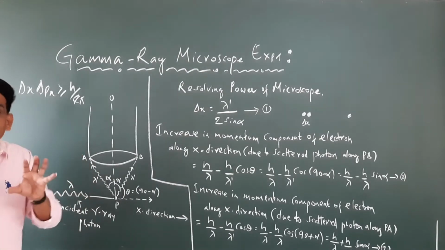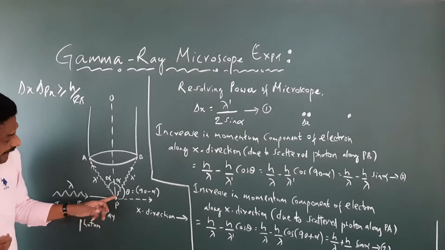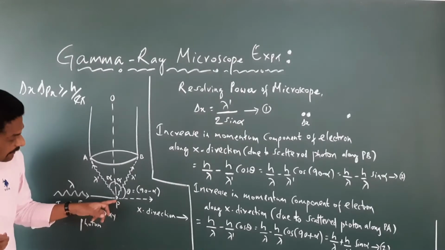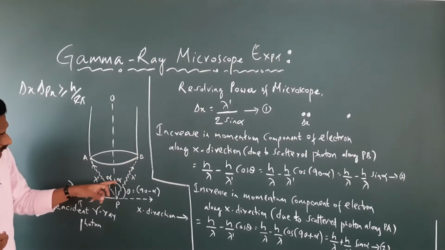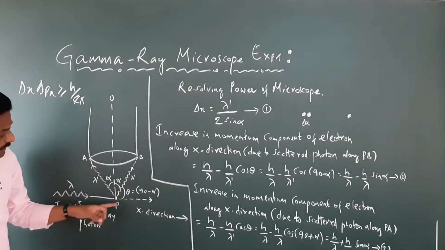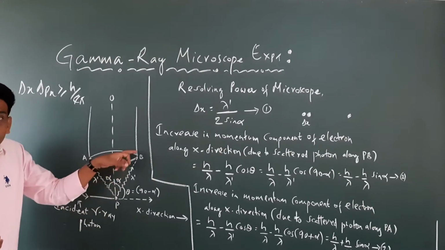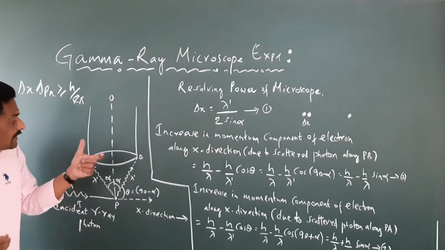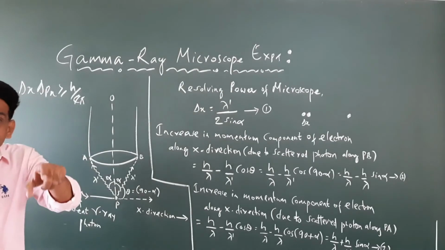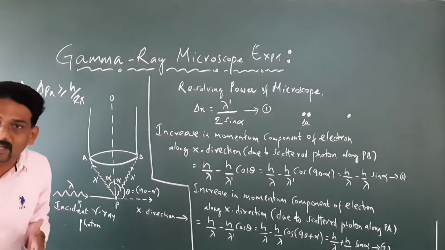Only those scattered photons which are traveling with an angle of alpha with respect to the axis, the rays which enter here, will be able to enter into the lens system and we will be able to see the position of the electron and simultaneously the momentum of the electron.